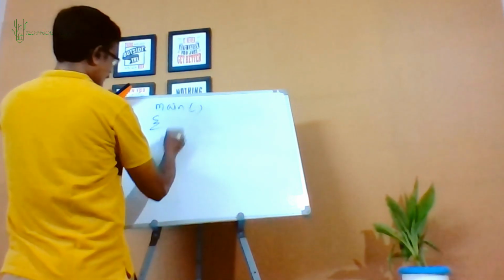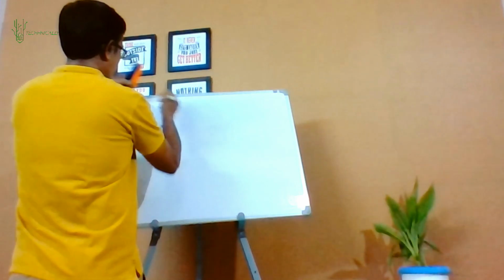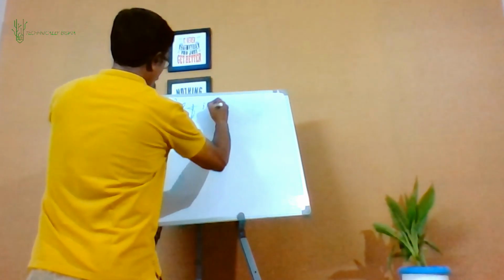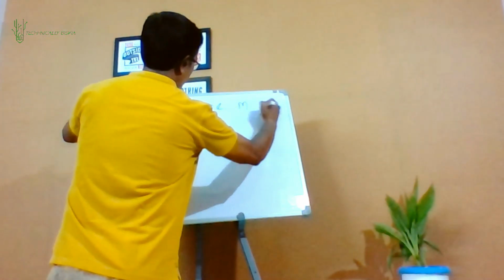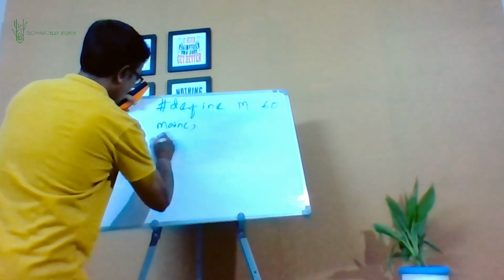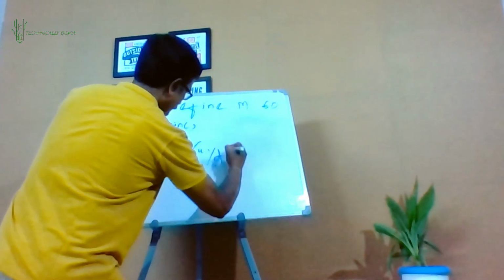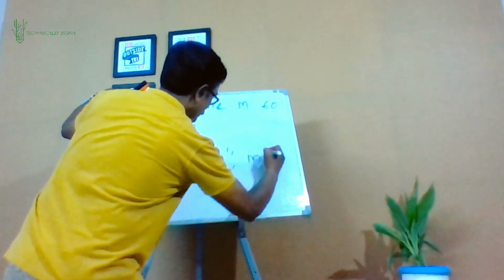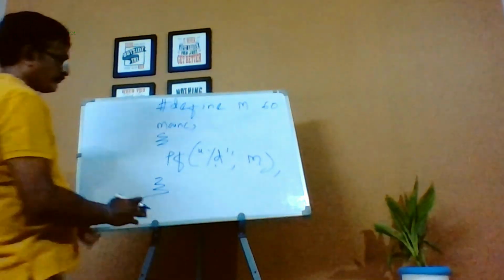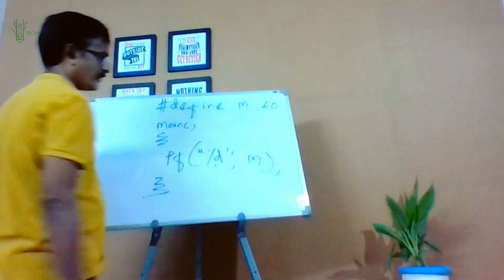Just before this, let's have this line so that it will be more meaningful. This is your source code. There's just one line here. It's a printf statement which is printing the value of n.